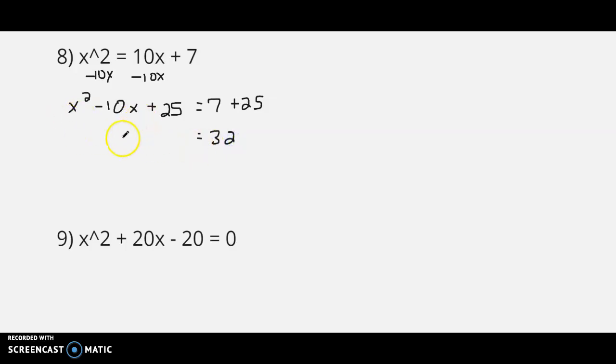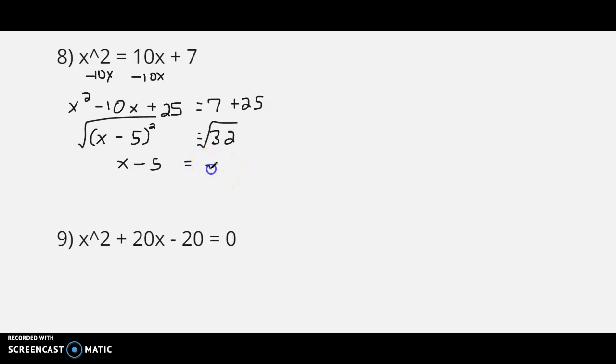I have a perfect square trinomial on the left, and I can factor it into x minus 5, quantity squared. To solve this, next, I take the square root of both sides. So x minus 5 is equal to the radical 32, square root of 32.